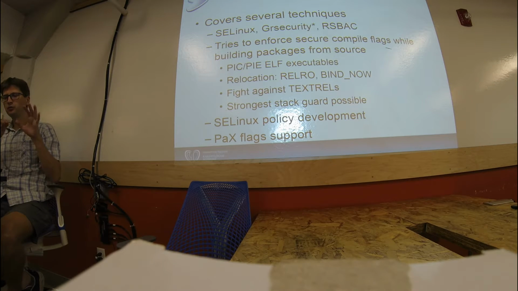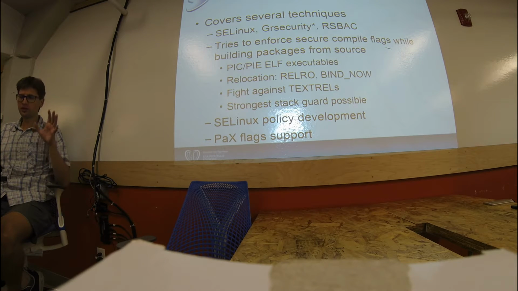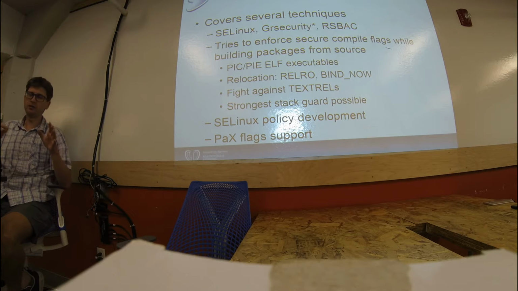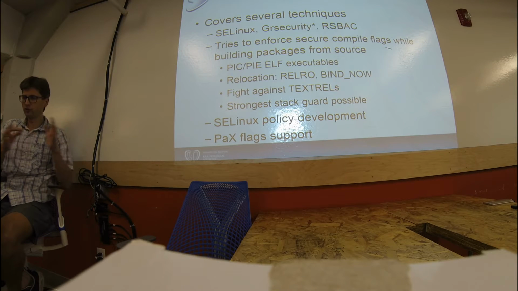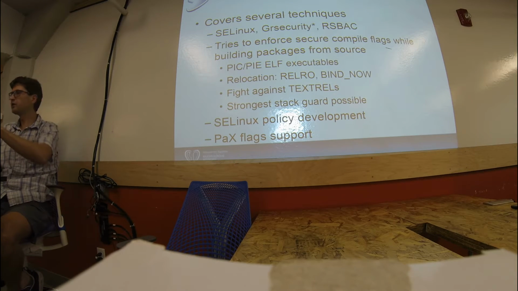Nowadays they are trying to separate the two in order to make it explicit what is the runnable code and what is the textual code. And if, because of the coding style or some other problems, these are not separated in a good way, you may end up with a text relocation.